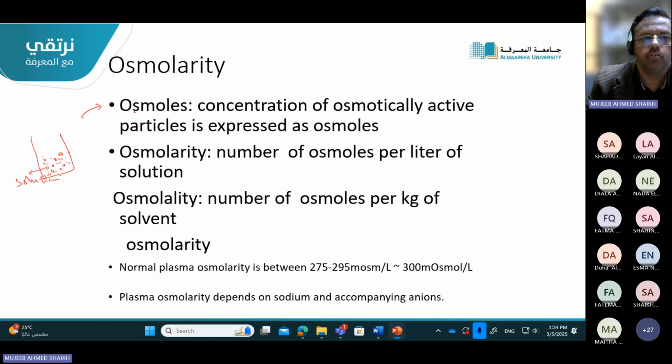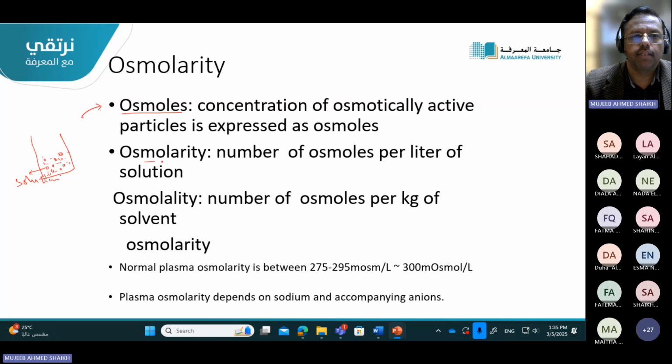Osmoles are those particles which are osmotically active, the ones which decide the movement of water. They help in the movement of water.